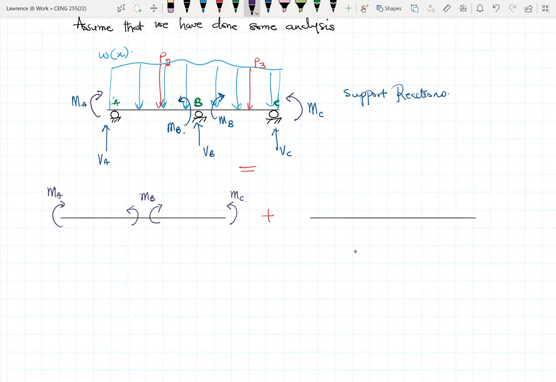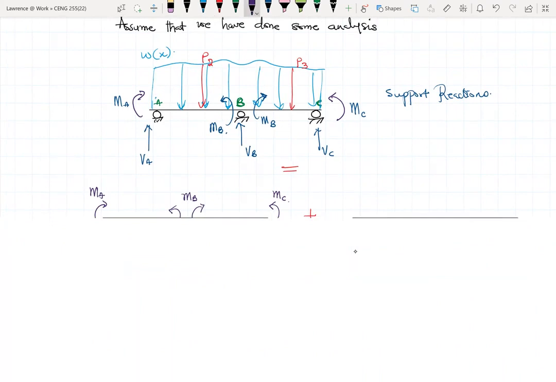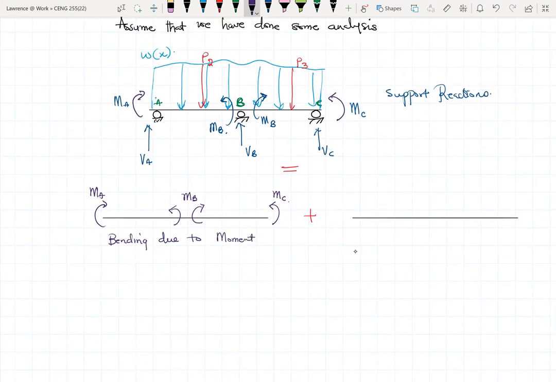So let me call this bending due to moments, or bending moments.